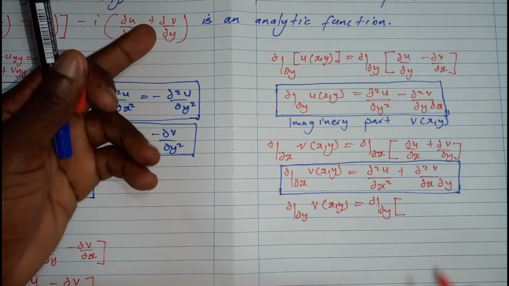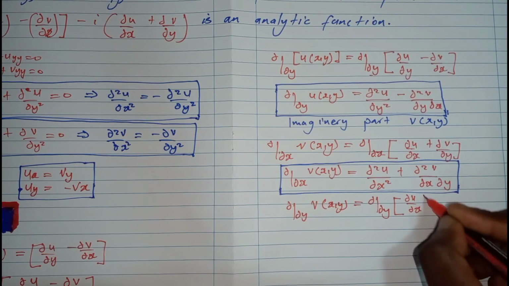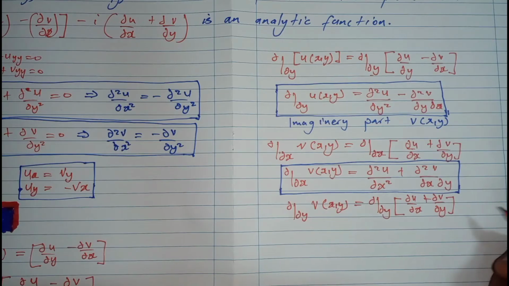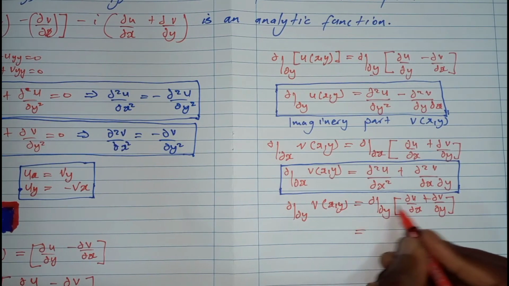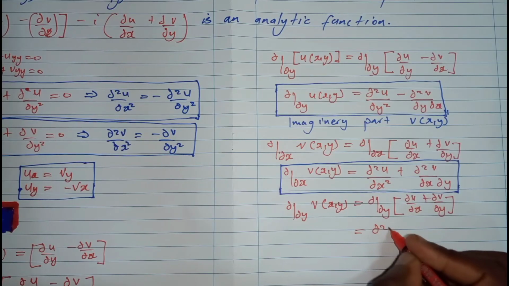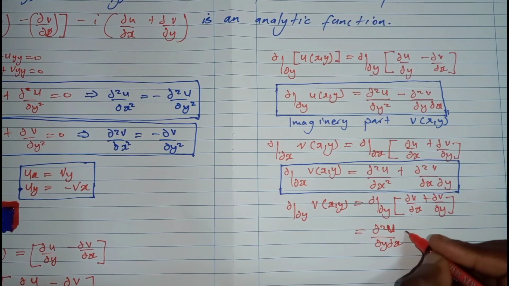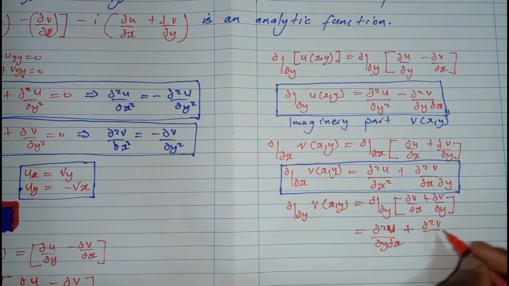Okay, so v(x, y) is right here, which is partial u partial x plus partial v partial y. Okay, so I'm going to do the same. We're going to have partial squared u. Okay, this is actually u. We're going to have partial y partial x, plus partial 2v, partial y times partial y.